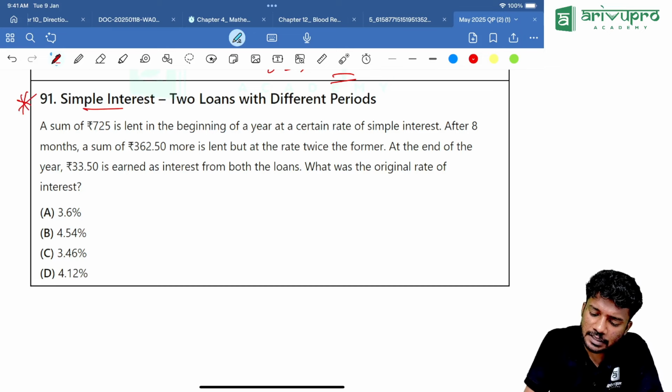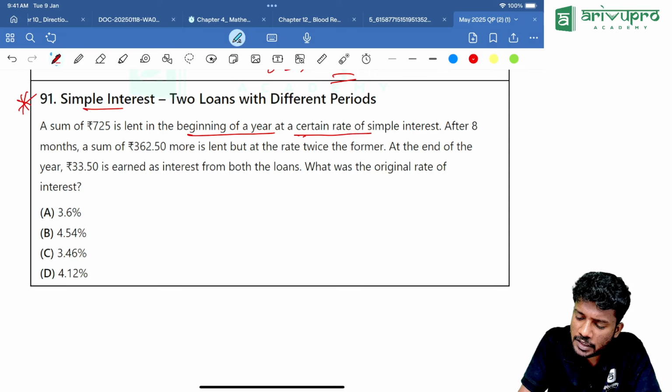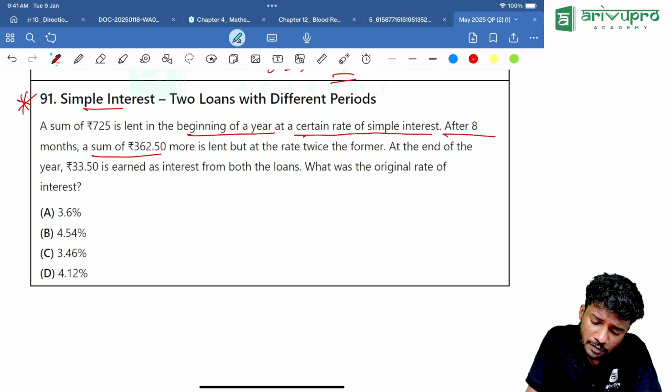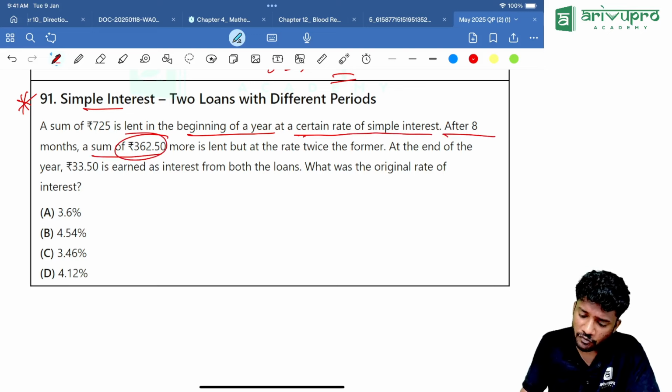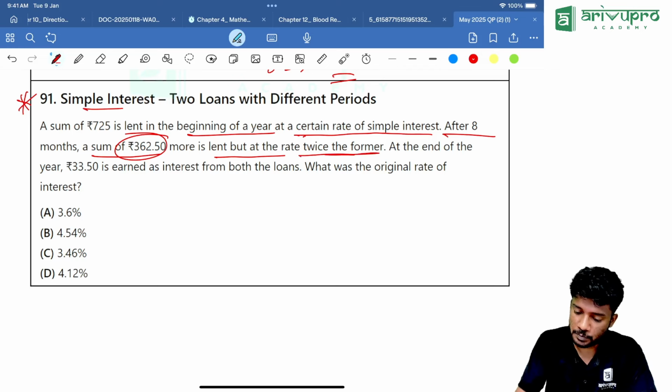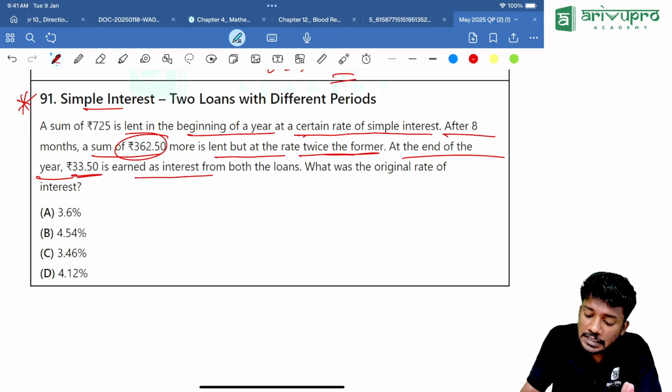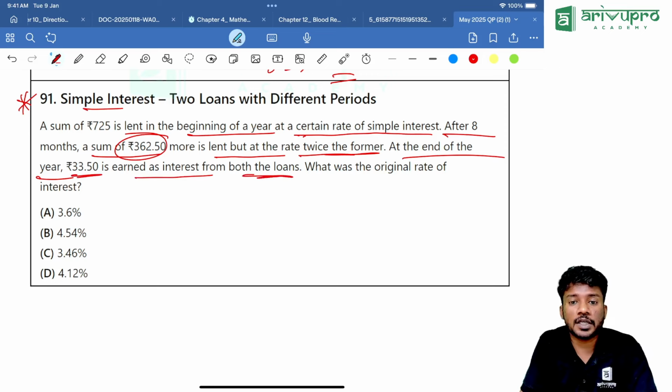A sum of 7,025 is lent at the beginning of a year with a certain rate of simple interest. After 8 months, a sum of 362.5 more is lent at twice the former rate. At the end of the year, 33.5 is earned as interest from both the loans.